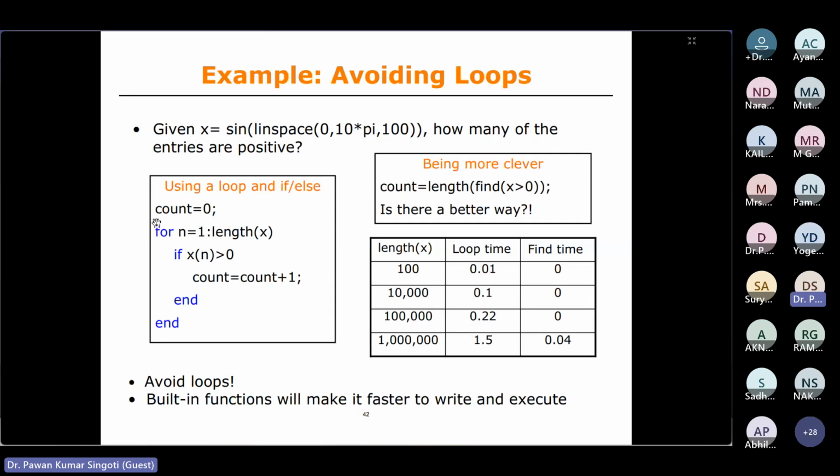This is written for the length of any vector x. You have to initialize the variable count and write n equal to 1 to length, then it will count the length of this matrix which you are assigning over here. But the count length find x is greater than 0.